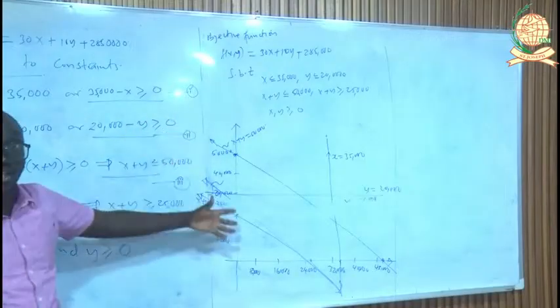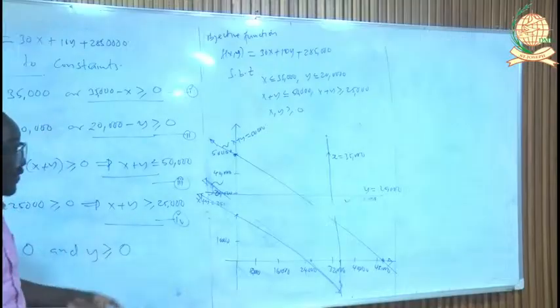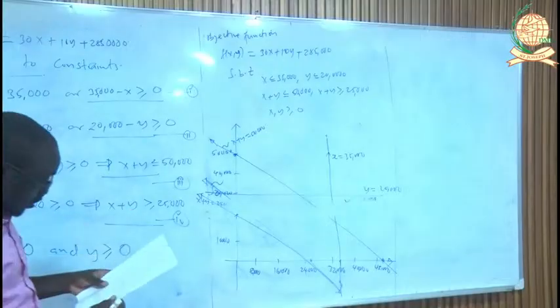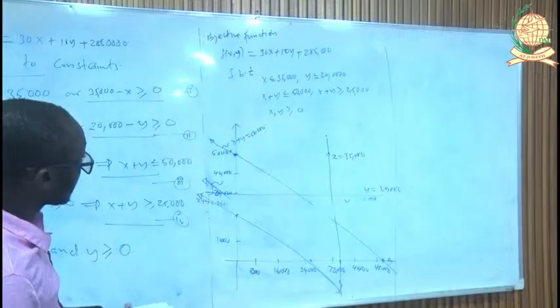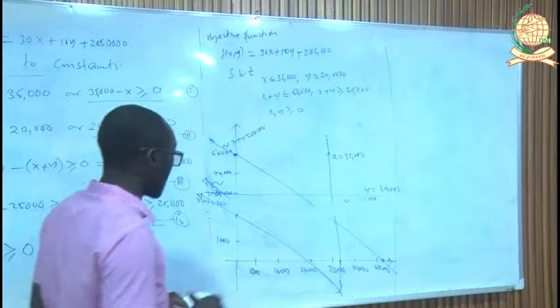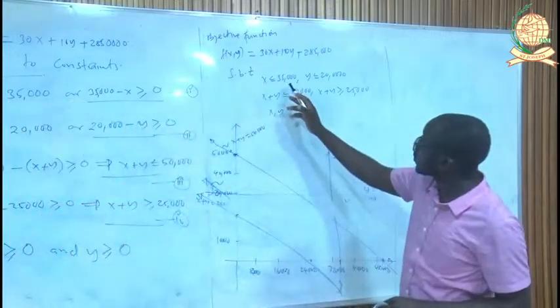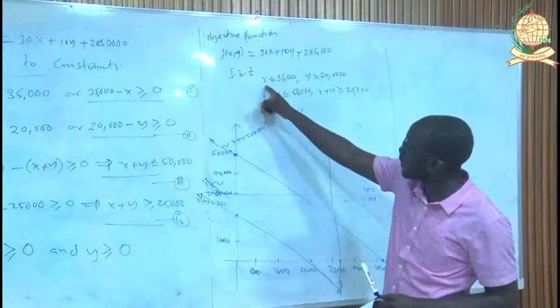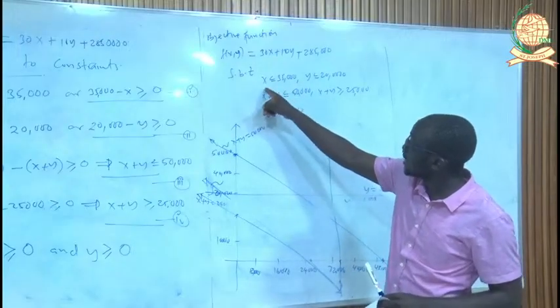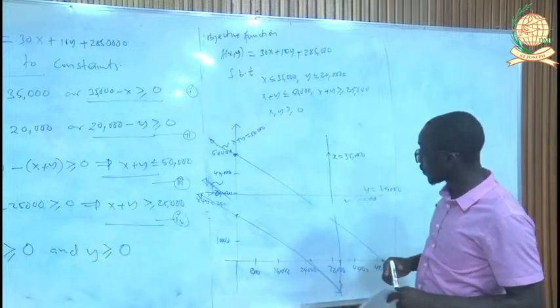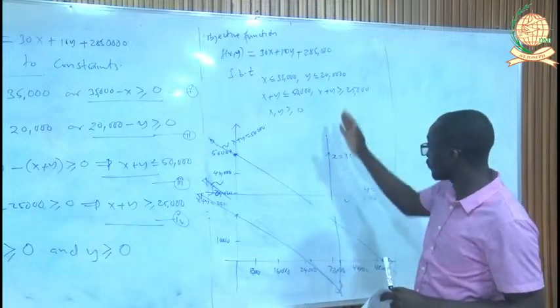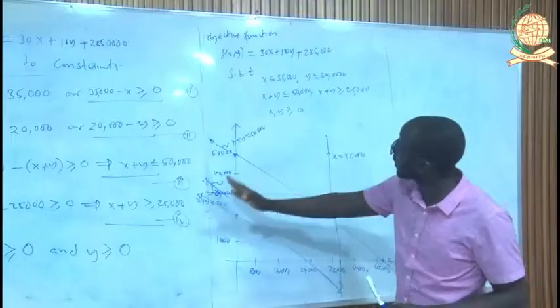Because if you are doing it, you are going to draw it using graph paper with dimensions, and you're going to do the shadings. You're going to shade the unrequired region. From this constraint here, the value of x should not exceed 35. From this line, we have two regions, the right one and the left one.